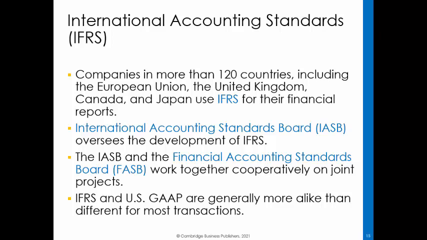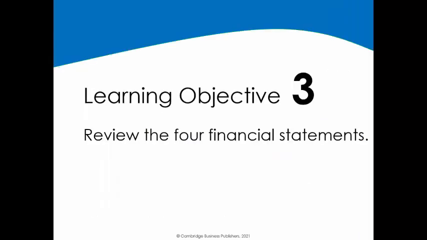Headquartered in London, the International Accounting Standards Board, or IASB, oversees the development of IFRS, while the IASB and the Financial Accounting Standards Board, or FASB, operate as independent standard-setting bodies. The two boards work together cooperatively, often undertaking joint projects. Consequently, IFRS and U.S. GAAP, or Generally Accepted Accounting Principles, are generally more alike than different for most transactions.